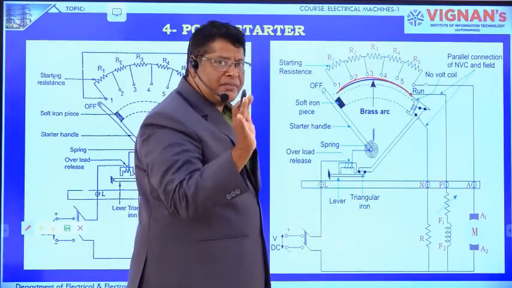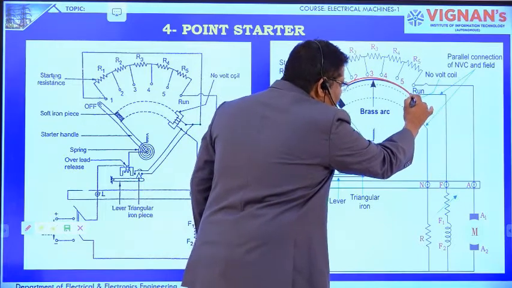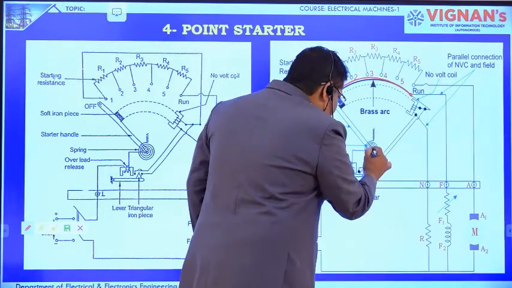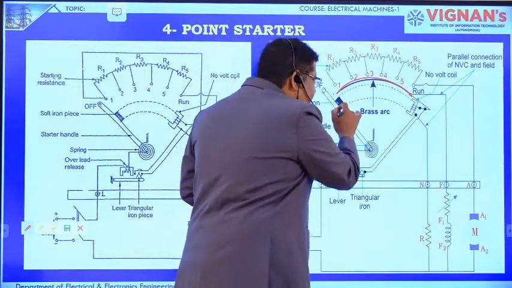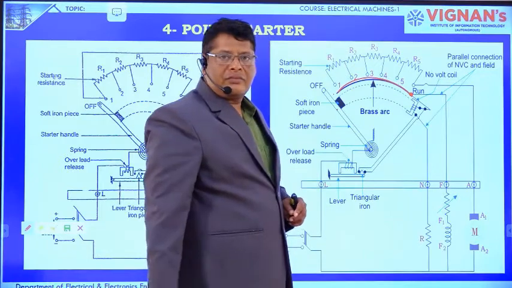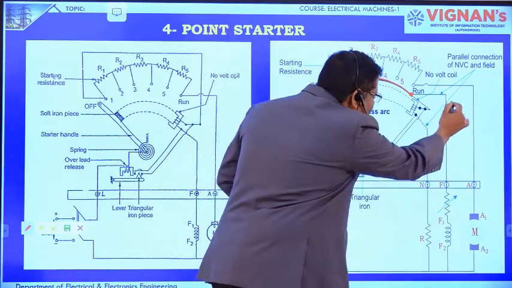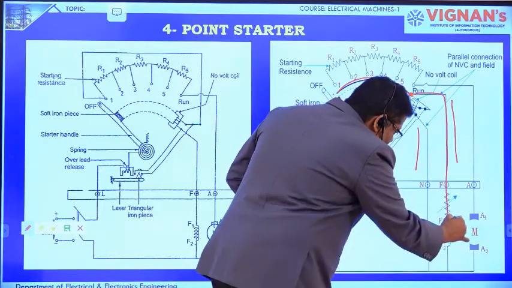The brass arc is nothing but a conductor. Whatever supply is available to the handle, the same supply is available here. See here, 2 parallel paths are taken. One is directly connected to the field winding.